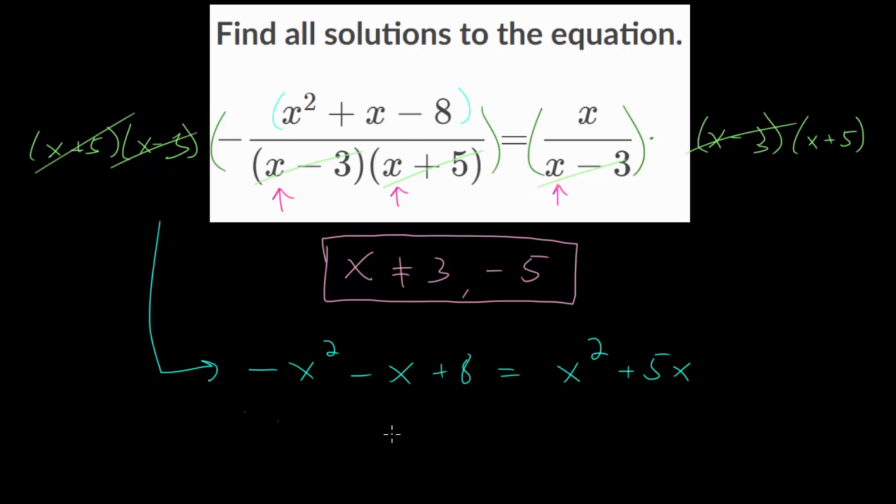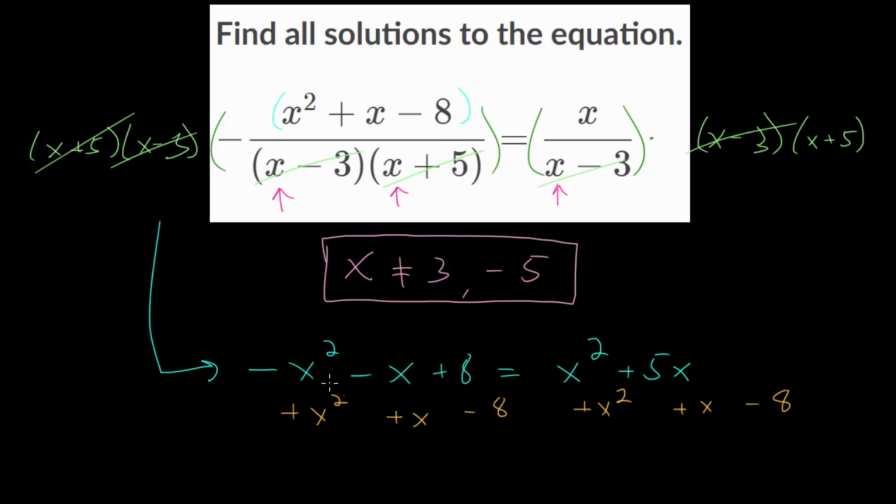So we have this quadratic that we need to solve. When solving quadratics, remember we want to set one side of the equation equal to 0 and then either use the quadratic formula or we can try to factor. So let's move the x's to the right-hand side. We can add x squared to each side and we can add x to each side. Let's also subtract 8 on each side.